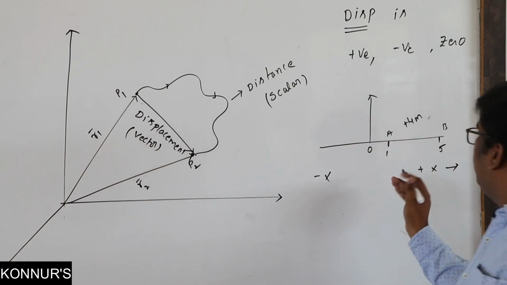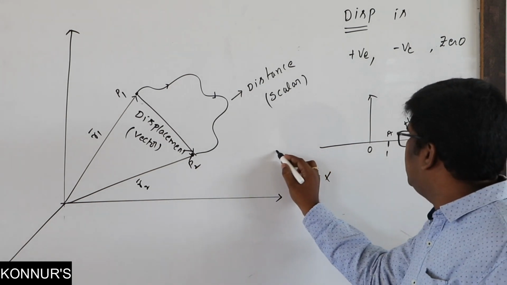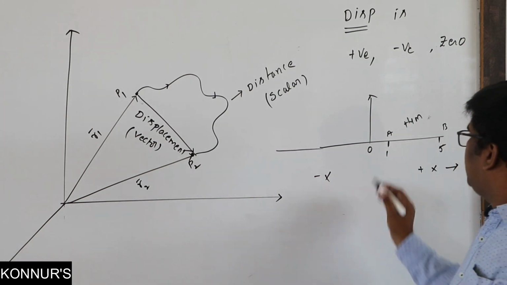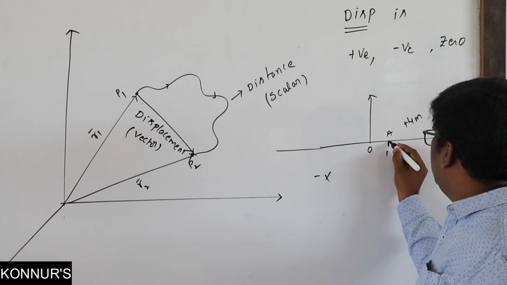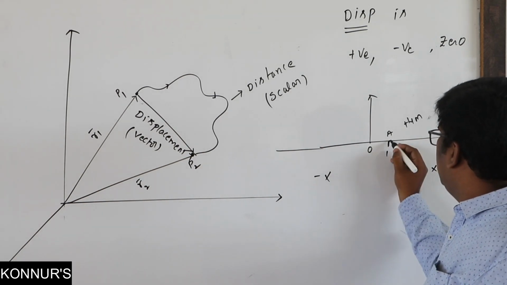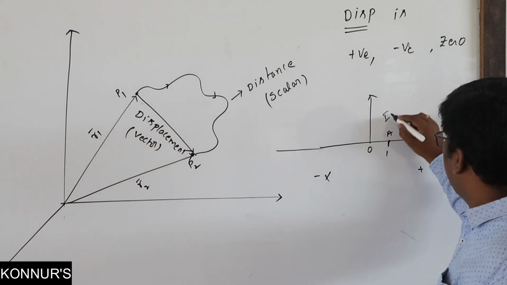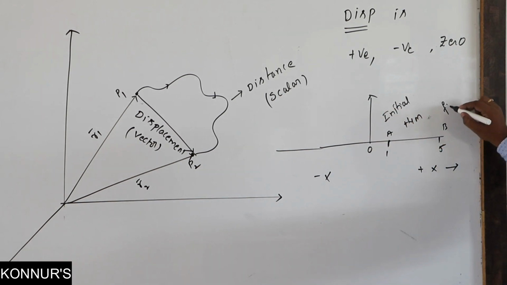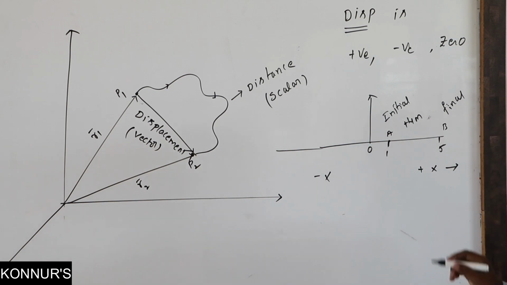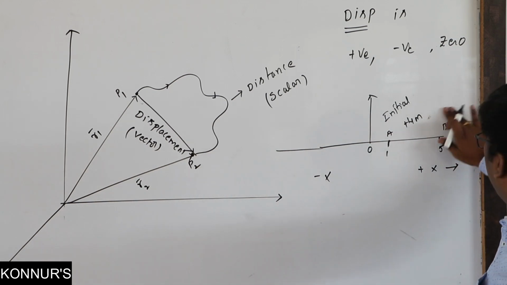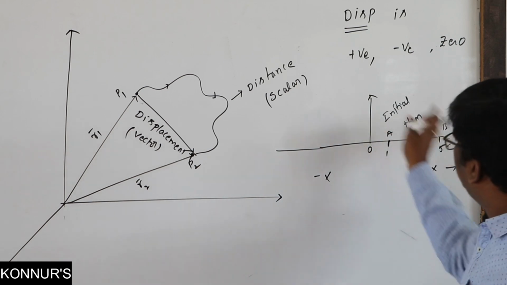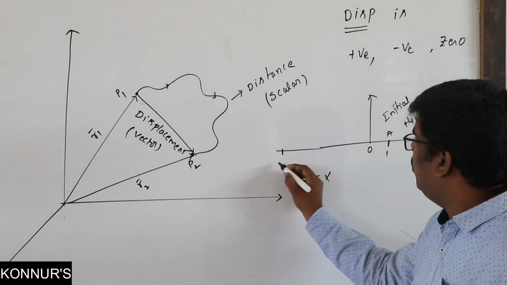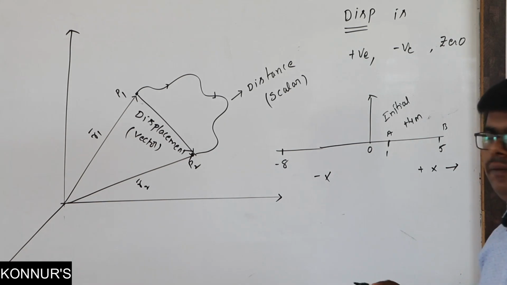But if it has gone from A to B and again travelled, the initial point is A. Now it does not end at B, it travels again up to minus 8.